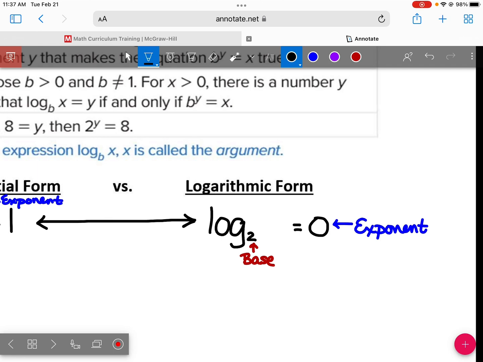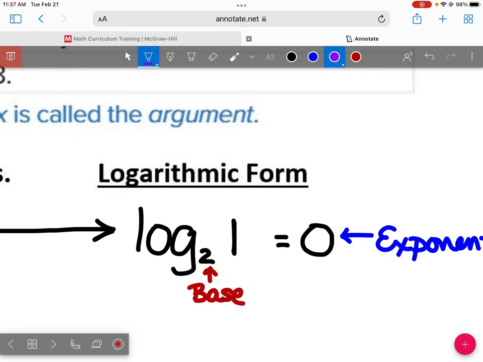So what do I do with this 1? Where does this piece go? It's going to go after the log and after the base. It goes right here. This is called the argument.